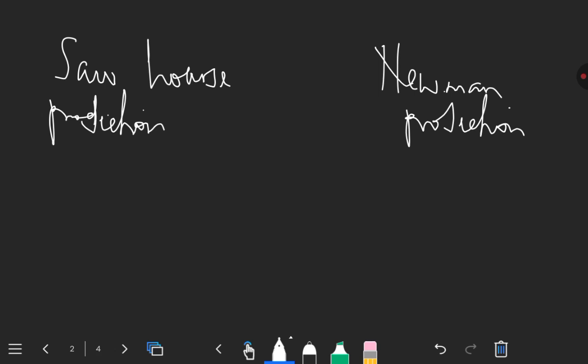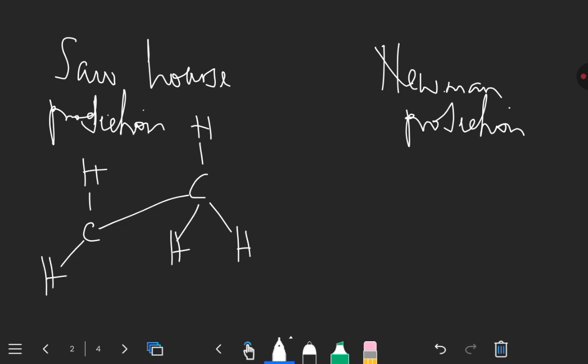So let's say I have my Sawhorse as I do it like that. Then I want to convert it into a Newman projection.